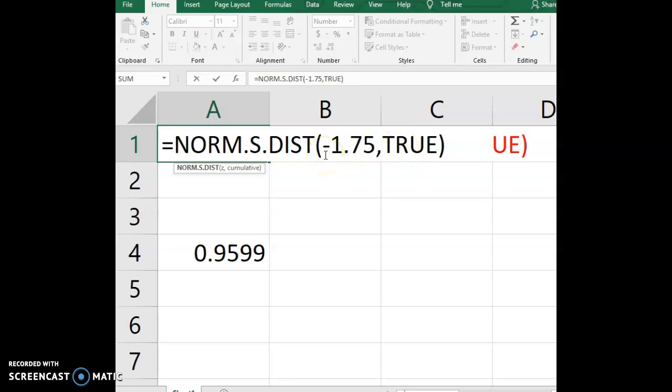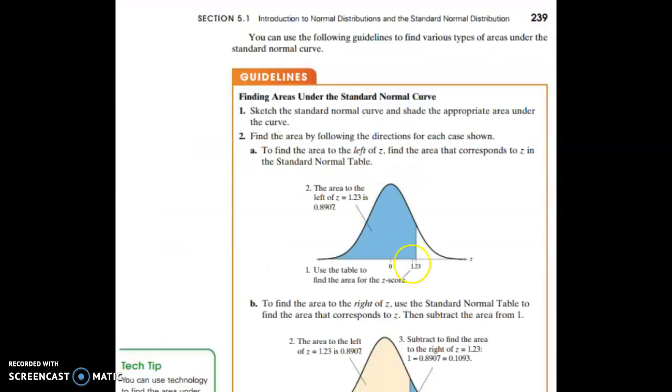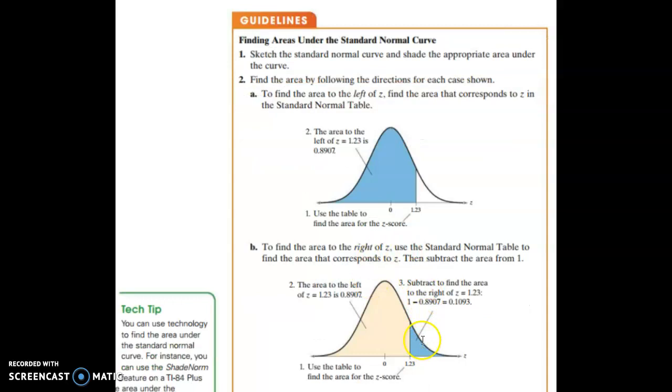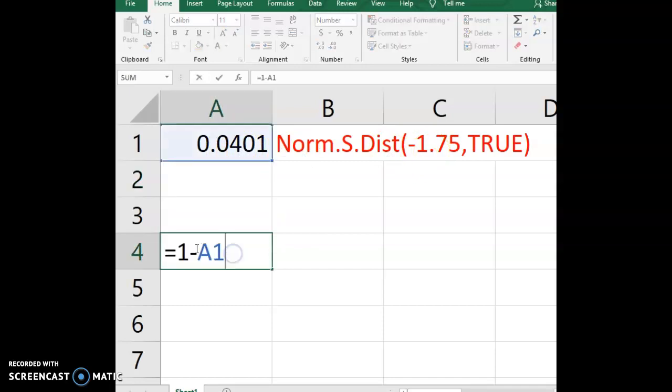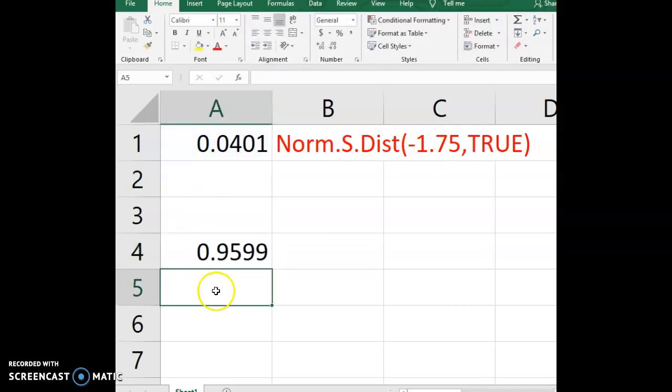Now that gives us the probability of being at a z-value or even further to the left. Excel's always giving the left-hand probability, and since the entire probability adds up to 1 or 100%, we're going to use 1 minus the chances of being to the left, and that leaves us with the chances then of being to the right. So if this is the probability of being left of our z-value, then 1 minus that is the probability of being to the right of that z-value.